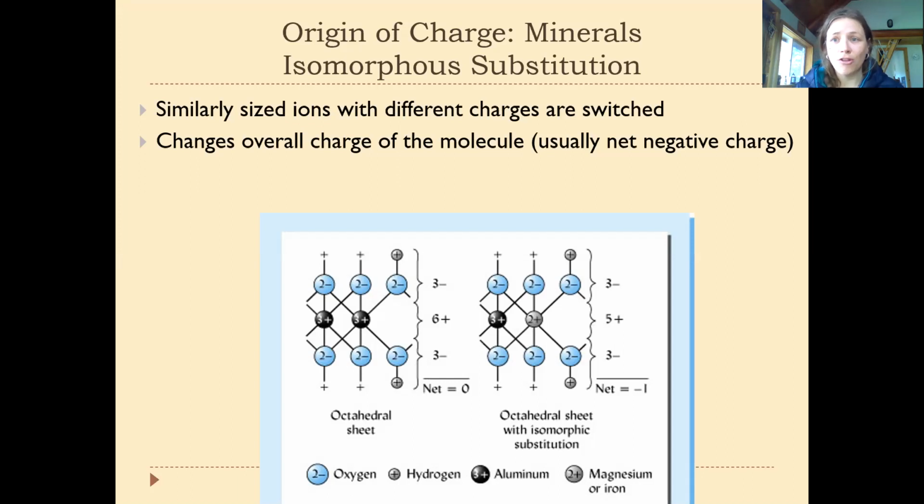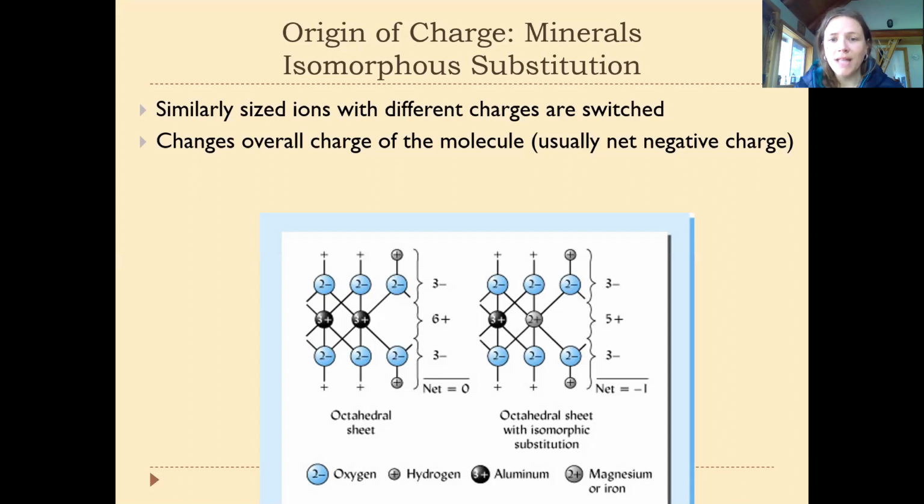So aluminum has a 3+ charge, and in the normal structure of this particular mineral that we can see up super close on the left, we would have these different oxygens and these different aluminum ions or atoms bonded together, and they would be balancing charges.